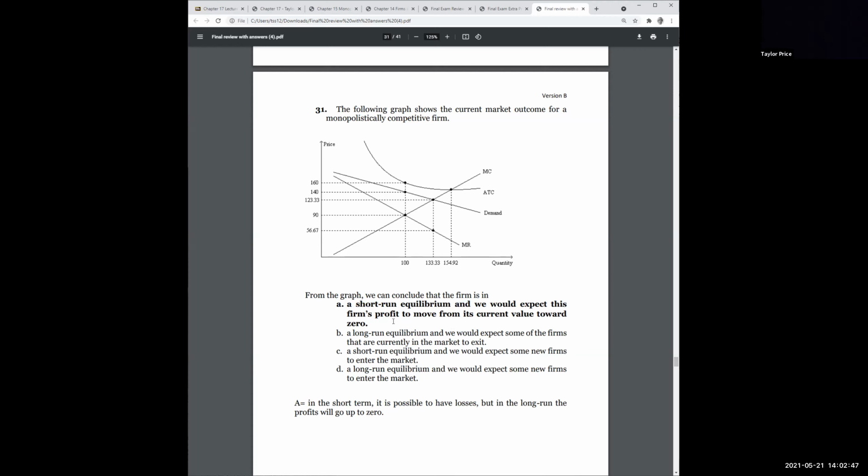So this answer is more like a general thing about monopolistically competitive firms. But on the exam, if you see something like this, where the answers are not following and it doesn't make sense, definitely email me, because this graph should not go with this question.